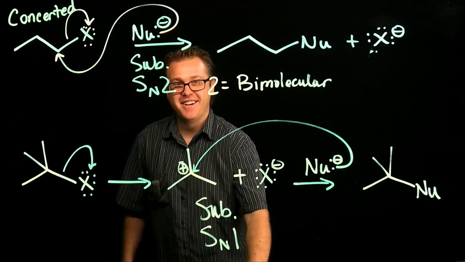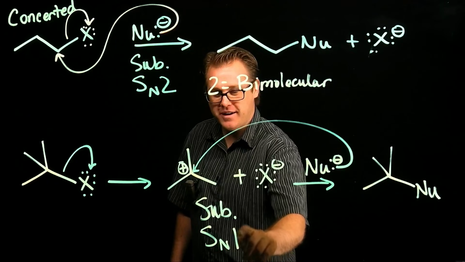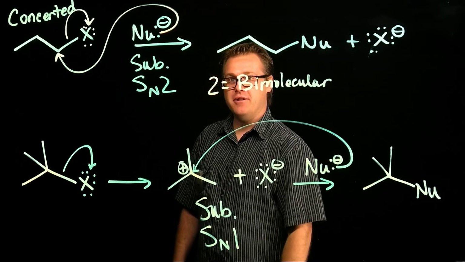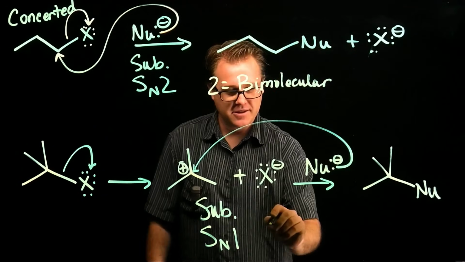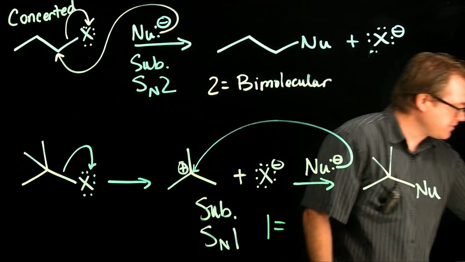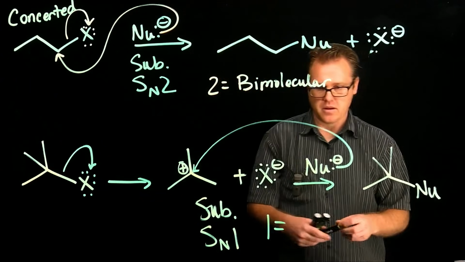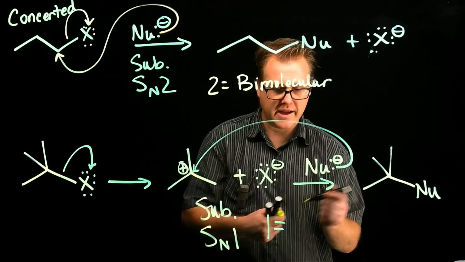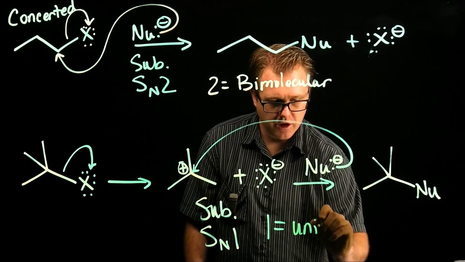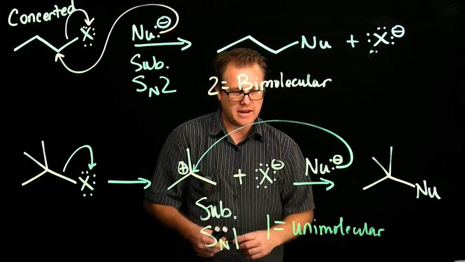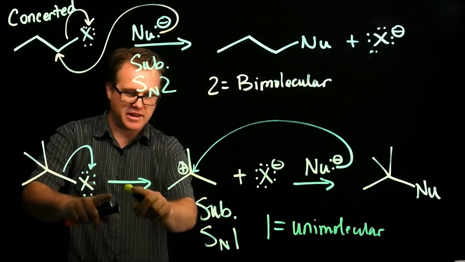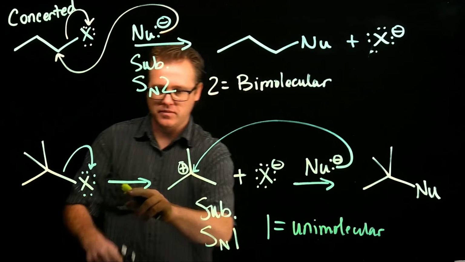Now, can you contrast what this 1 is going to stand for? And can you take a guess? So what does 1 equal? So the 1 stands for unimolecular. And in a unimolecular reaction, do you see these green arrows here?